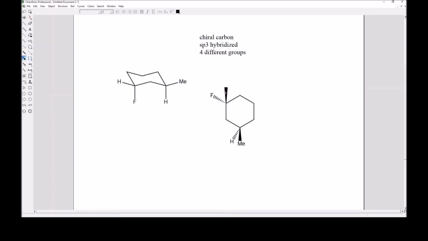And this one, we have a fluorine. Sorry, this carbon is bound to a hydrogen, a fluorine, a CH2 group, and a CH2 group. You can't stop just because these CH2 groups are the same. You have to keep going until the molecule ends, and you'll see that at this point, the two CH2 groups are bound to different neighbors. So that's a chiral center, and that's a chiral center right there. This molecule has two chiral centers.